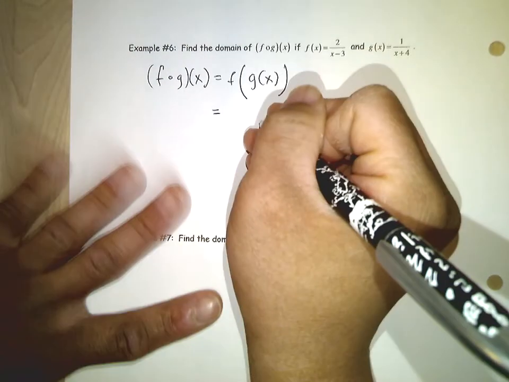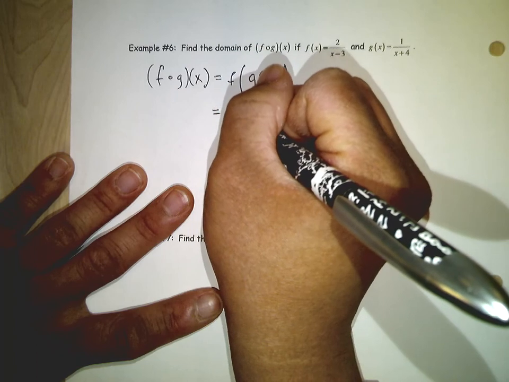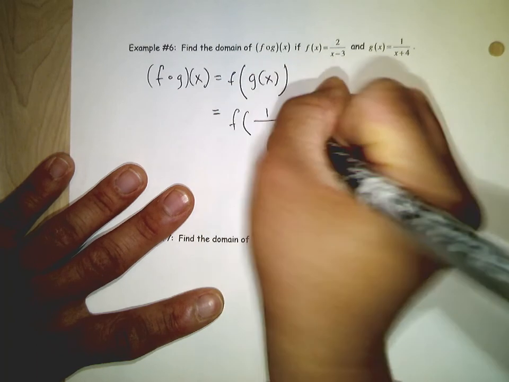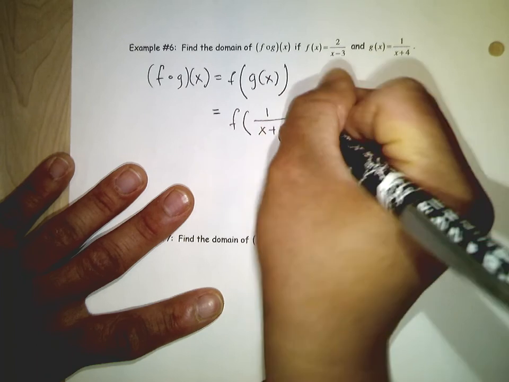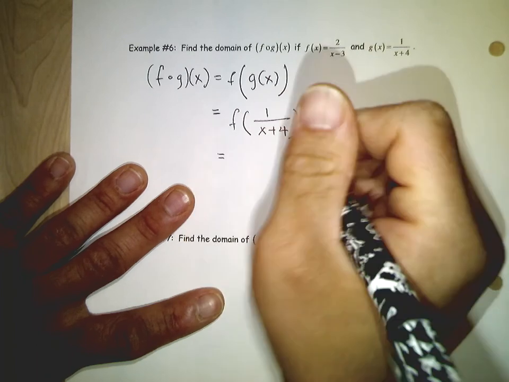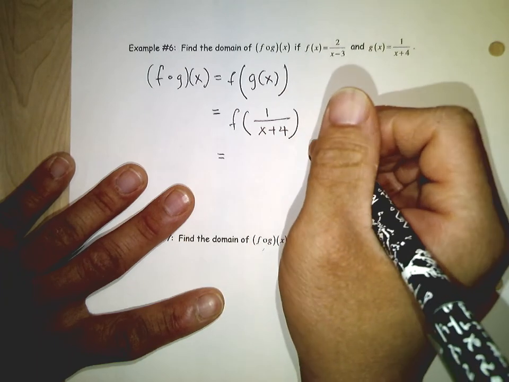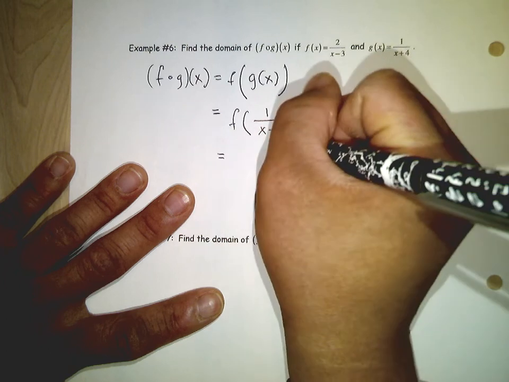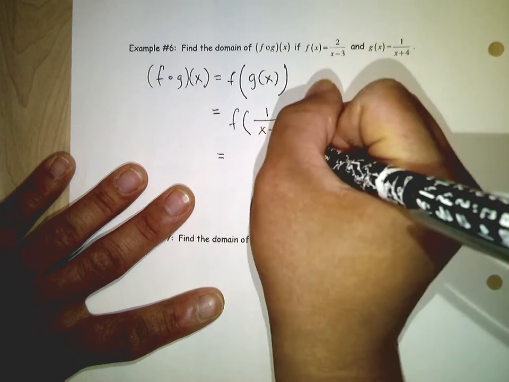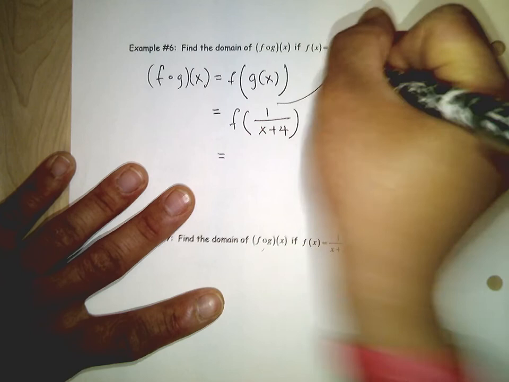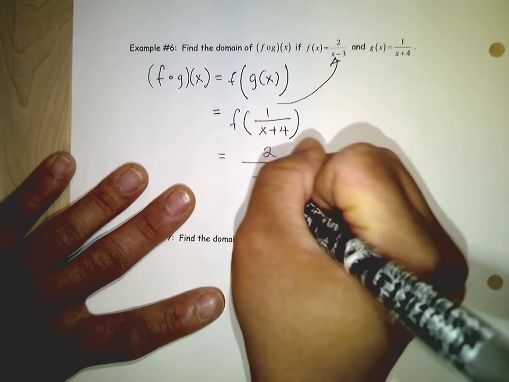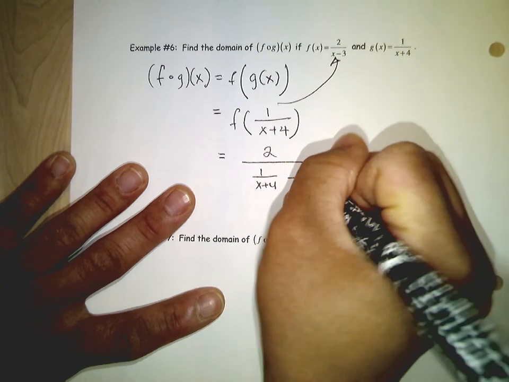Now remember that what we have here is f of 1 over x plus 4. So now the first thing that you can do is also substitute this into where the x is in f of x. So that's 2 over 1 over x plus 4 minus 3.